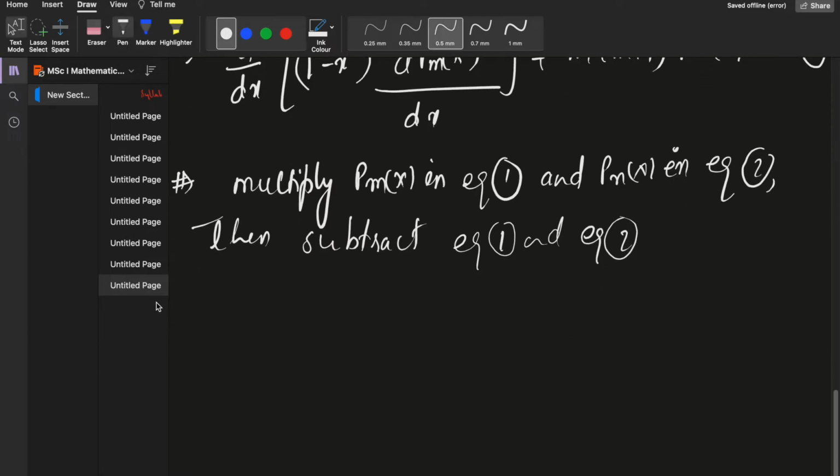So the final version: Pm(x) is multiplied by equation 1, alright, minus Pn(x) with equation 2, alright.